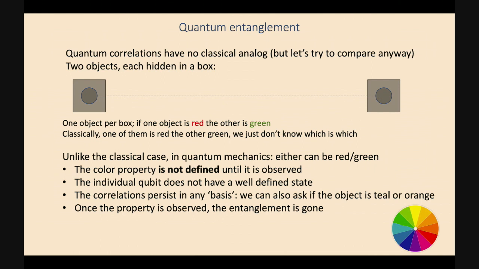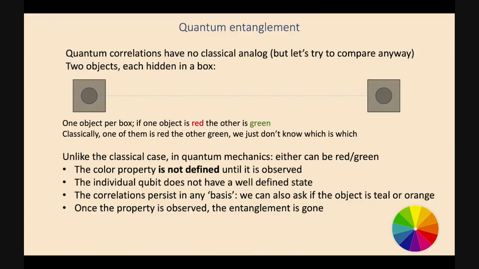So what I mean by bases here, you can think of the polarization of a photon as being circularly polarized or being linearly polarized. So it's a different basis. Or if you have a spin pointing along the z direction or the x direction.